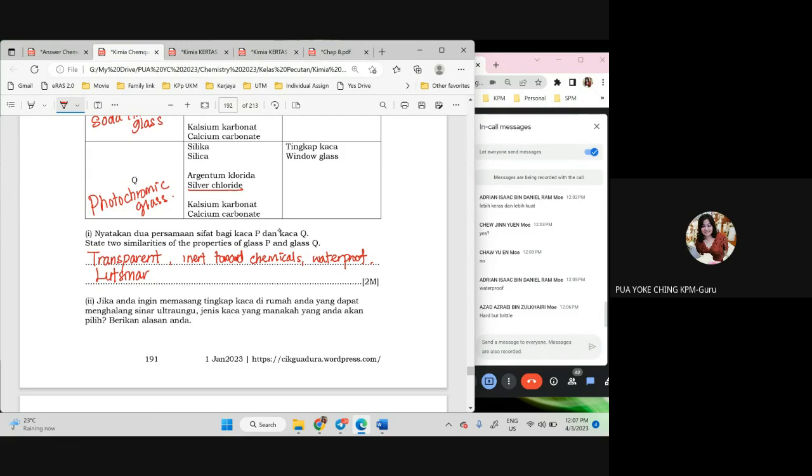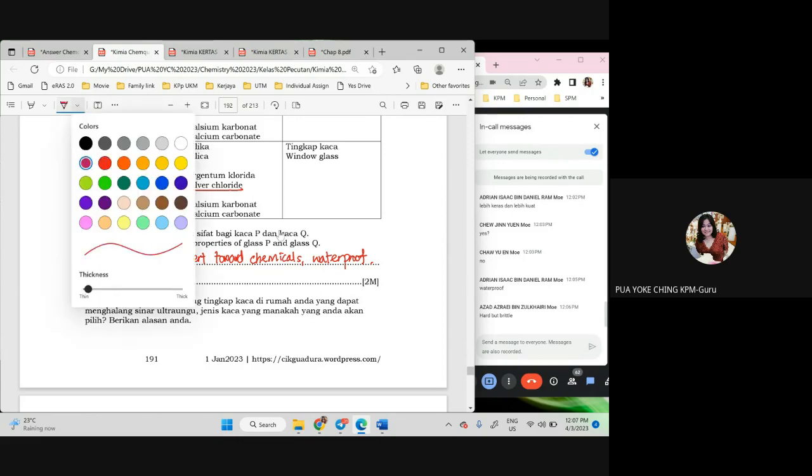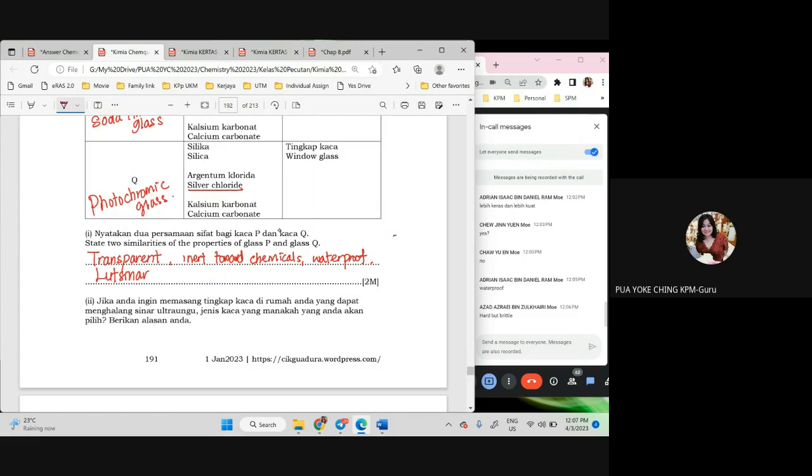Tapi sebab transparent kan, Lucina kan, dalam BM, dalam fizik, you belajar apa? Transparent. It also called Lucina ke? This one I remember because I checked physics textbook, I think.